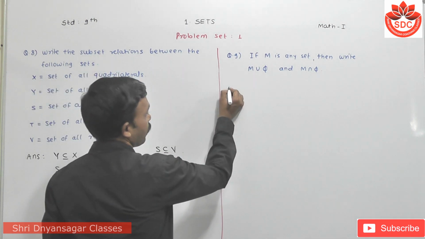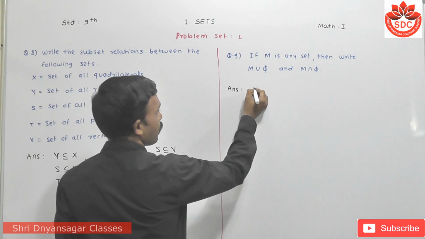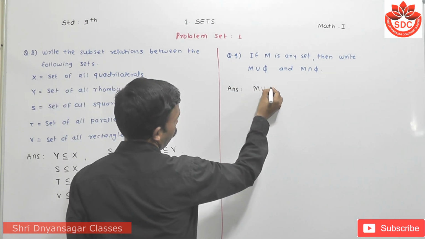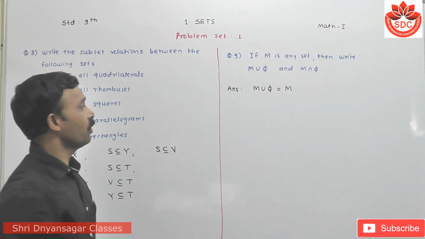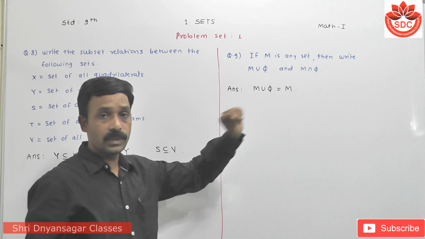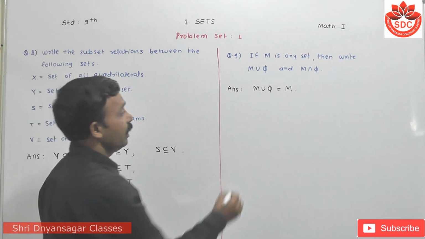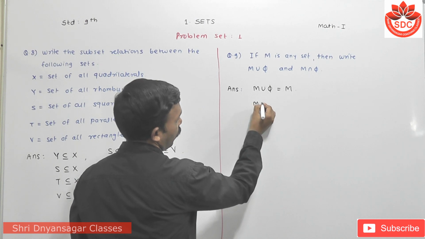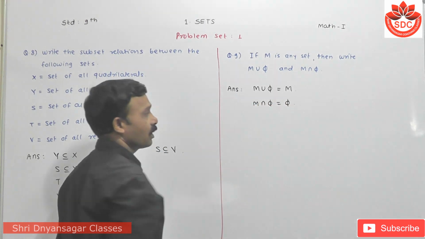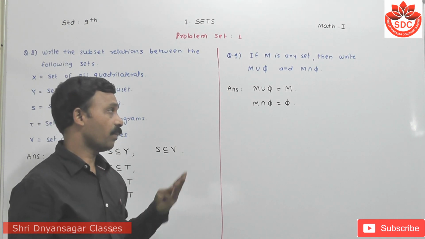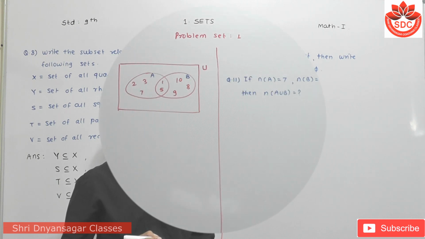Now student, the answer is so simple. We know the properties. M union phi is equal to M. That means even if we combine these two, we get set M. We can take any example. Now M intersection phi is equal to phi, because what is common between the two is only phi. Can you understand this? Let's see the next question.